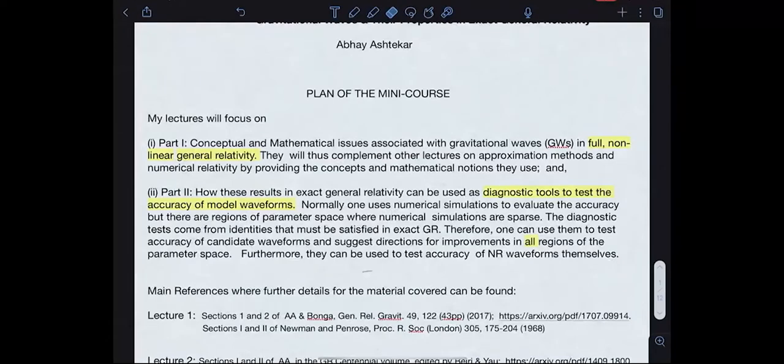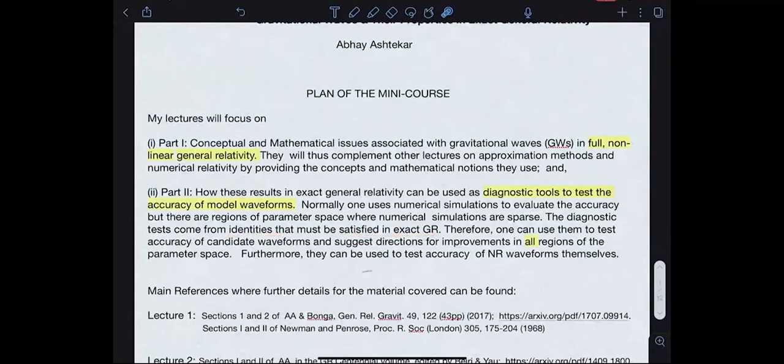Now, normally one uses numerical simulations to evaluate the accuracy of the waveforms, but there are regions in the parameter space where the numerical simulations are sparse. There are not enough numerical simulations for certain values of the parameters of the binary. However, the diagnostic tests that I'm going to discuss come from identities that must be satisfied in exact general relativity.